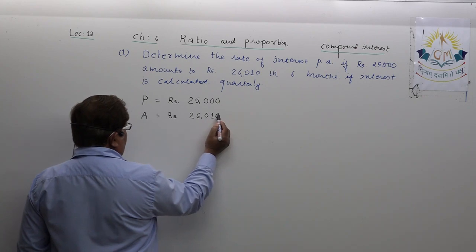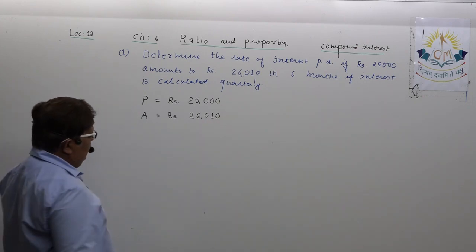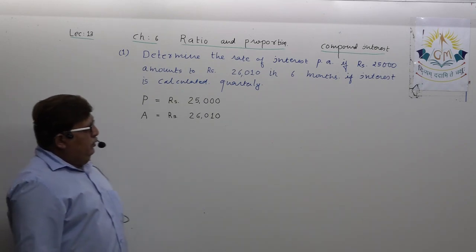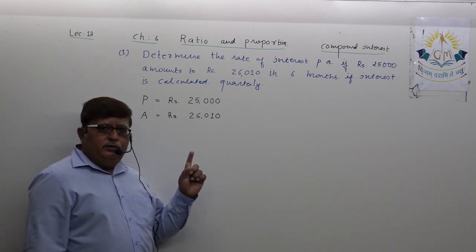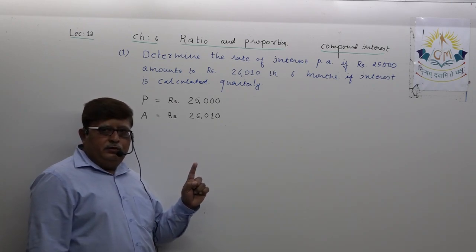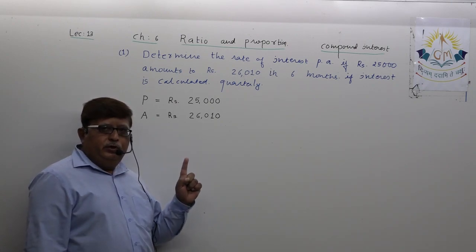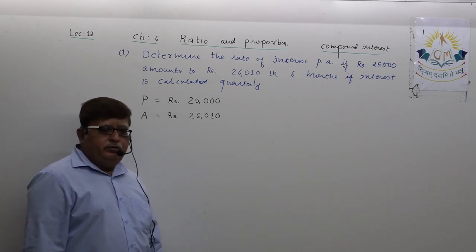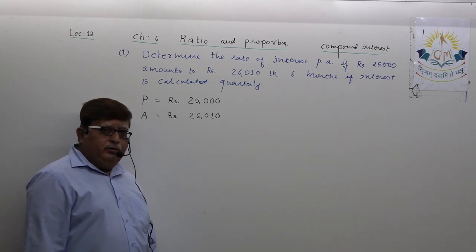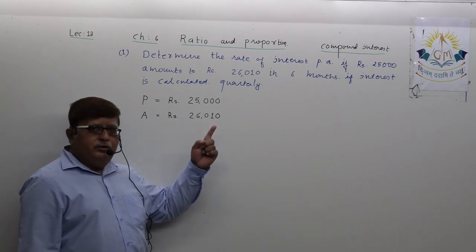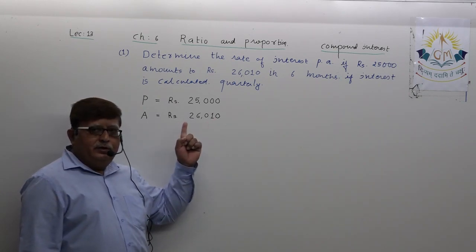This is the amount, dear student, has been given. Interest is to be compounded quarterly, and the period has been given of 6 months, dear student. So you can catch things very easily. 6 months, and interest is to be compounded quarterly.